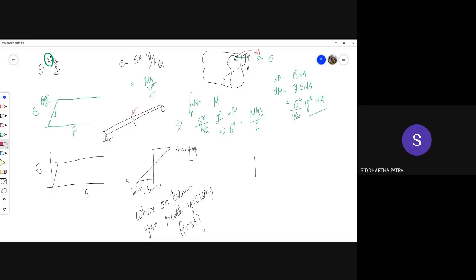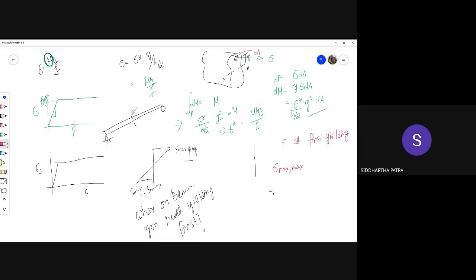Okay. But then what should be the value of F? F at first yielding. So in the entire beam, when the first time yielding happens, you need to have the sigma max.